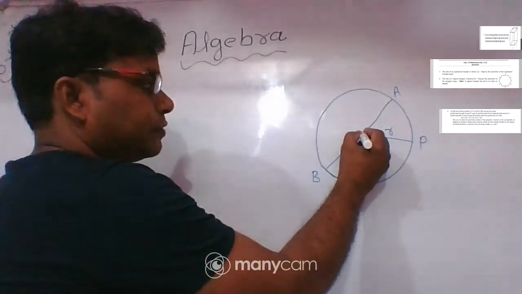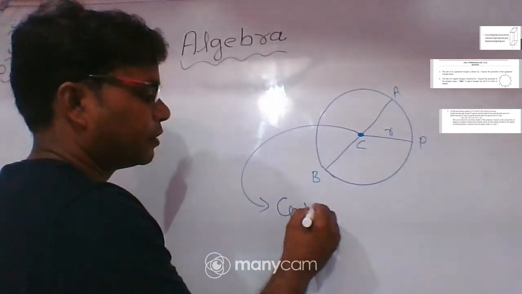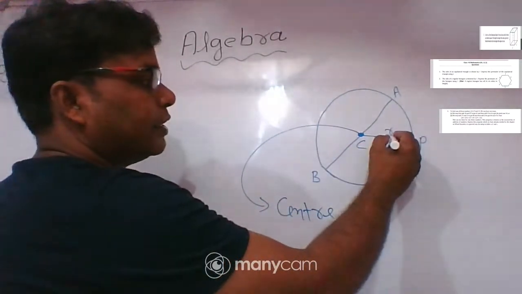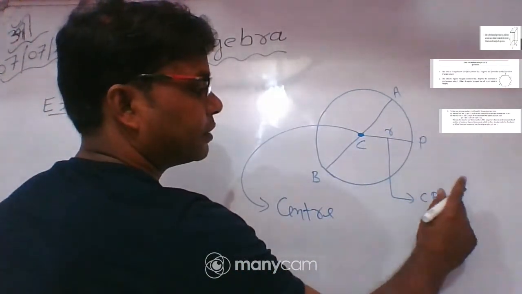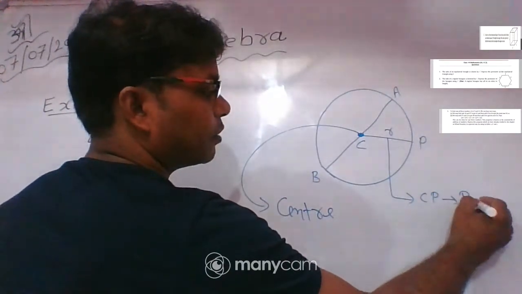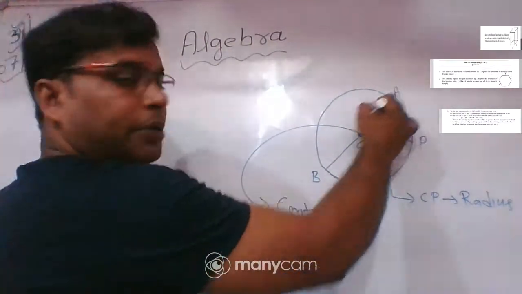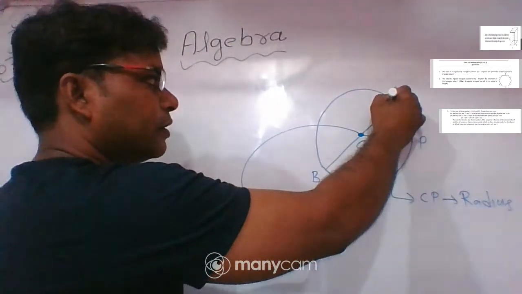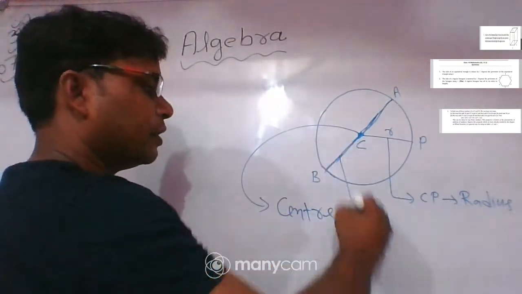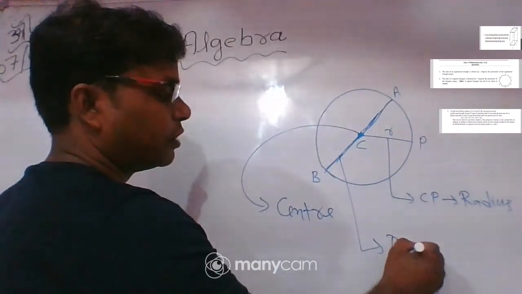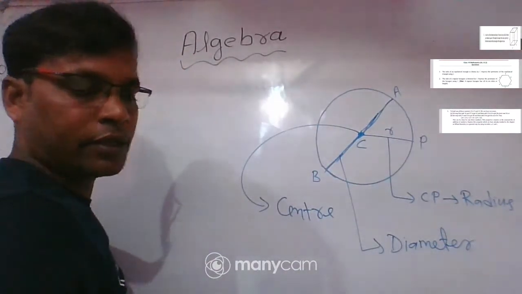So this is called the center of the circle, and this CP is the radius of the circle, and this AB from here to here is called the diameter.